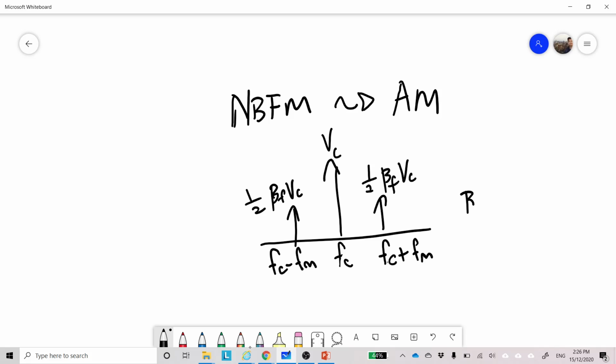So the bandwidth for the narrowband FM is equal to 2 FM. Okay, so this is for the narrowband FM. So ini biasa digunakan dalam CB radio, police radio, ambulance untuk narrowband punya frequency transmissions.